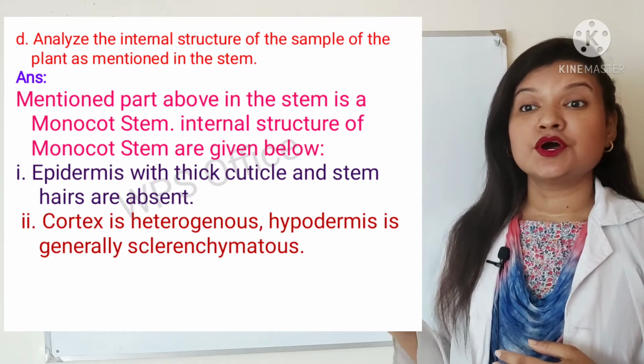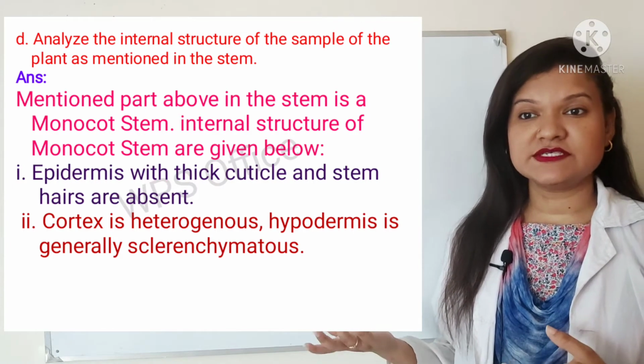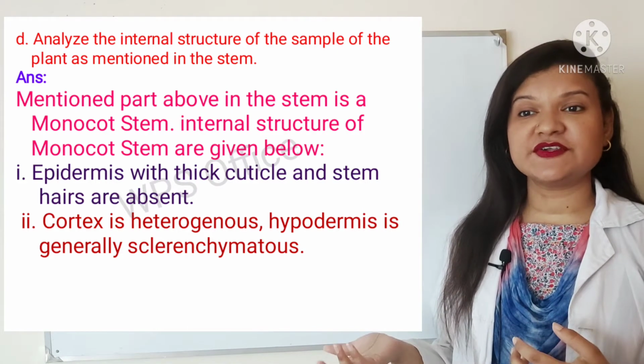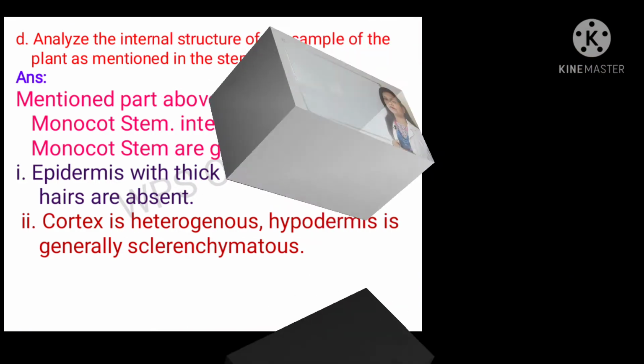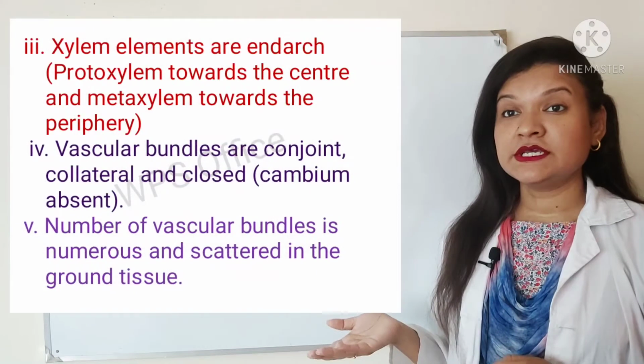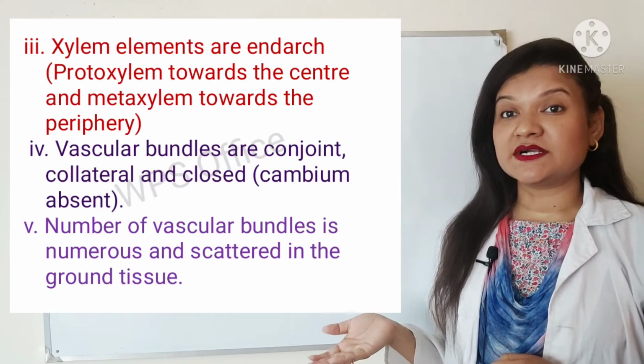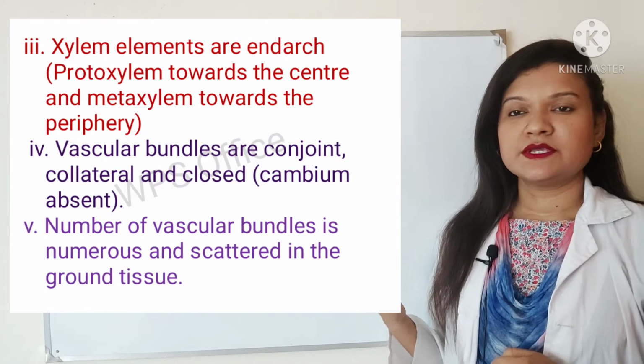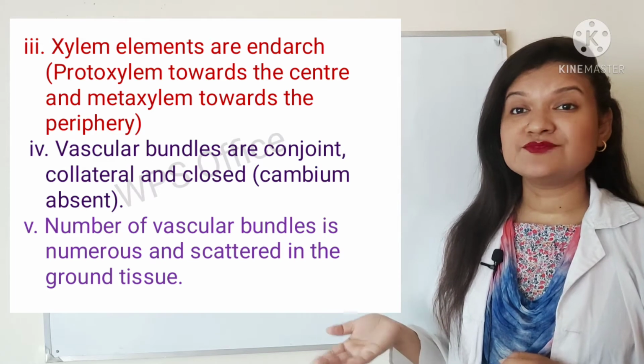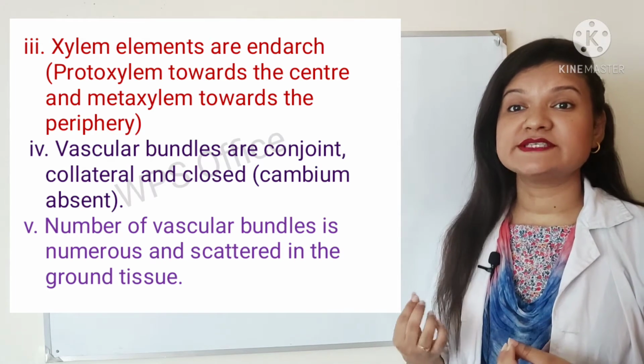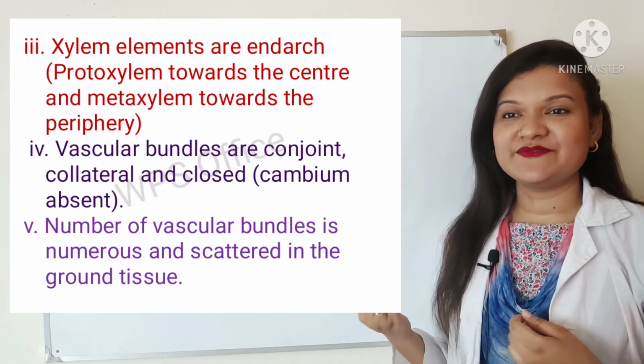Number 2, cortex is heterogeneous. Hypodermis is generally sclerenchymatous. Number 3, xylem elements are endarch. Here endarch means protoxylem towards the center and metaxylem towards the periphery.